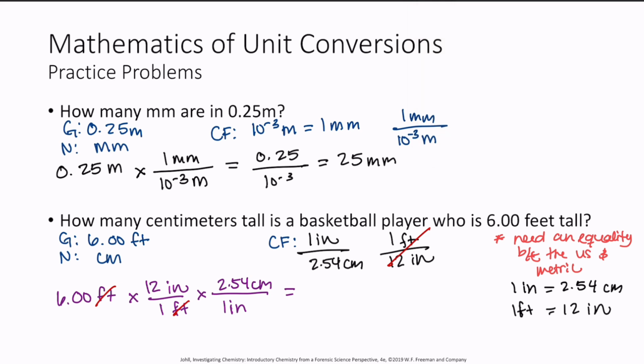And what is it that you get? Yeah, we get 183 centimeters. Now, when we multiply everything across the bottom, we get 1. And what is 183 divided by 1? You got it. It is just 183 centimeters.